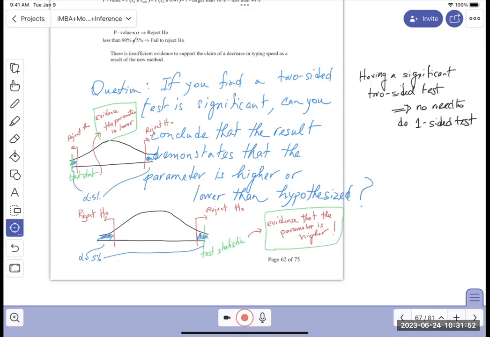So you don't have to do the one-sided test. If your test statistic was here, you say it's higher. If the test statistic was here, you say it's lower.